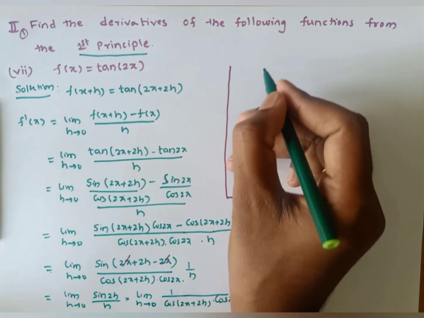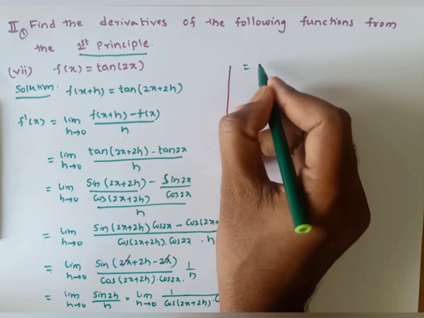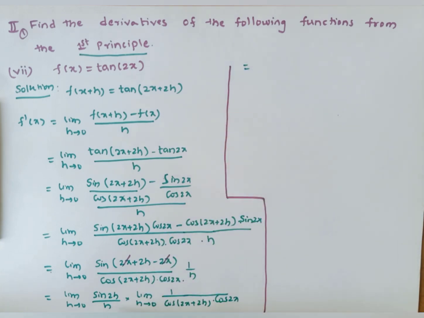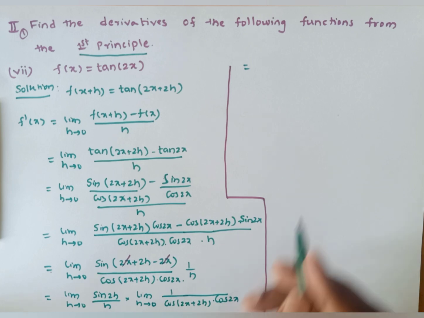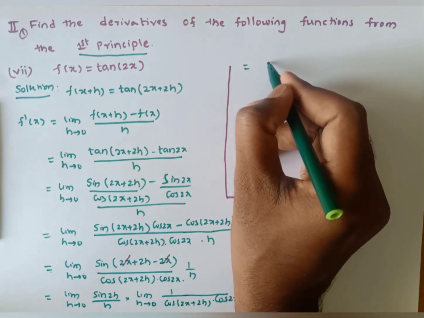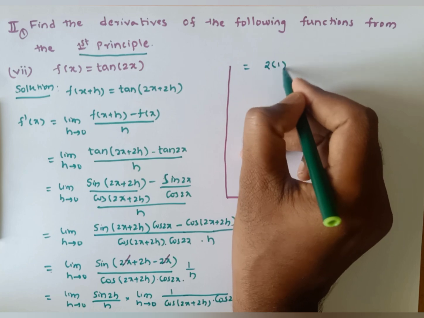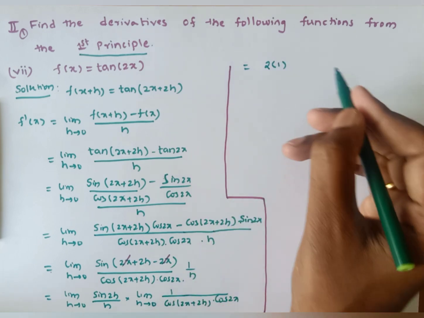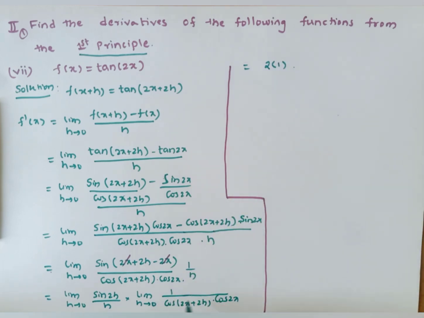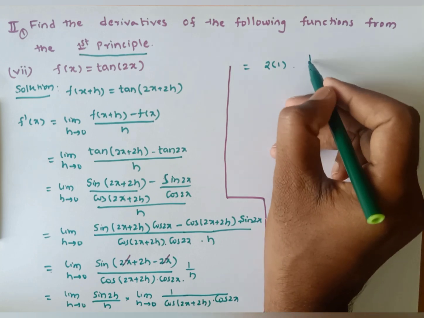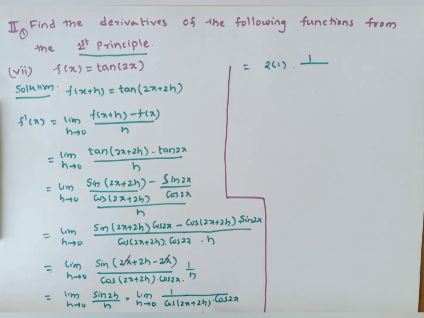Which is equal to limit h tends to 0 of sin kx by x, the answer is k, or you can multiply and divide by 2 also, no problem. So we get 2 into 1, the sin x by x form, into limit h tends to 0 of 1 by cos of 2x plus 2h into cos 2x.